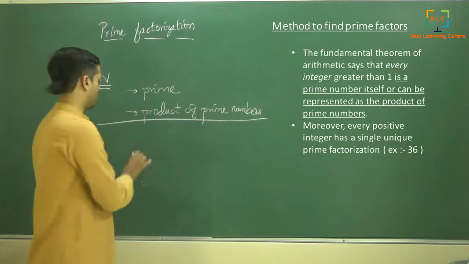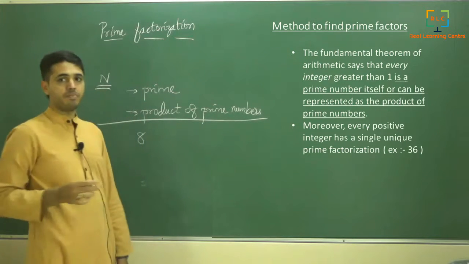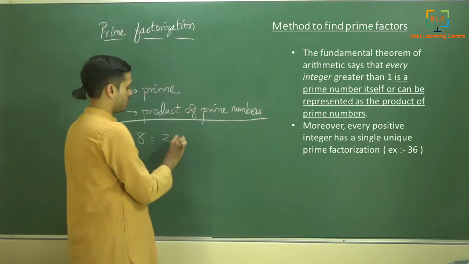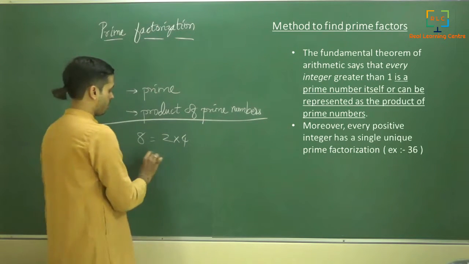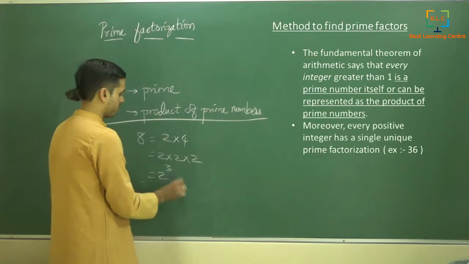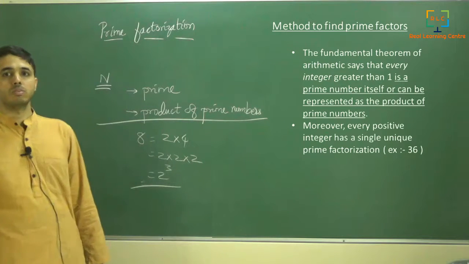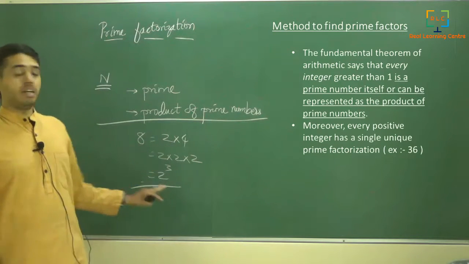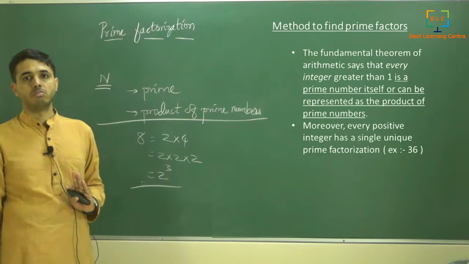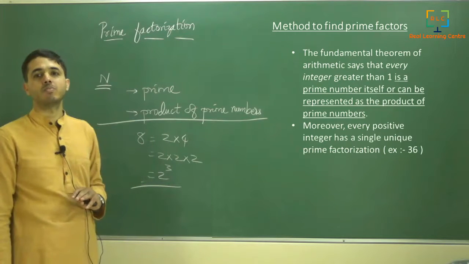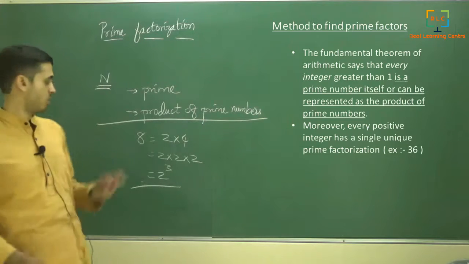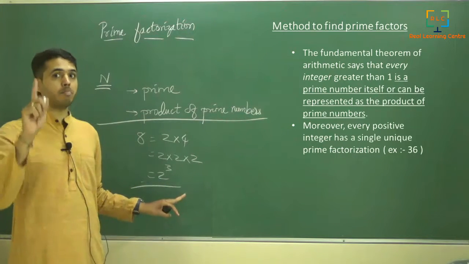For every given number, say for example 8, say I start finding prime factors, and I see that it is 2 into 4, but 4 is further split as 2 into 2, so now it is 2 cube. So 8 represented as 2 cube is unique. There is no other number which is 2 cube, right? So we cannot represent 8 in any other way. The unique way is 2 cube, using only prime factors.